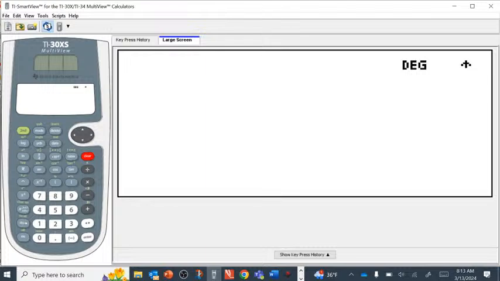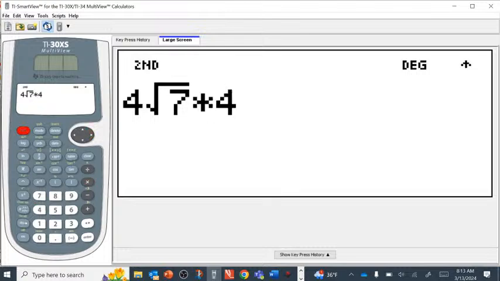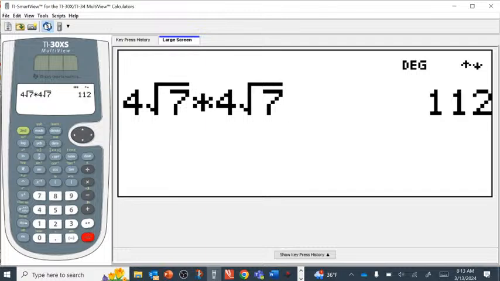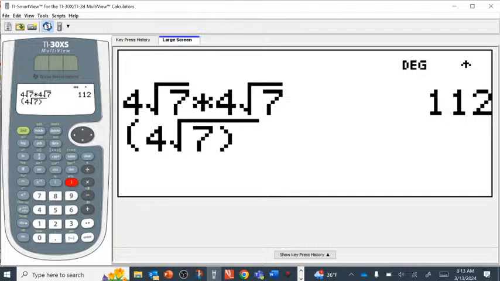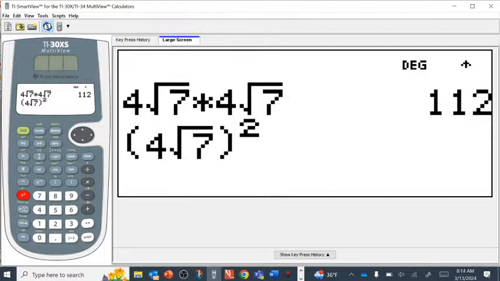There's a few ways you can do it. You can just do it manually, like 4 square roots of 7 times 4 square roots of 7. Or you can put it in parentheses, 4 square roots of 7, squared. Either one of those is just fine.